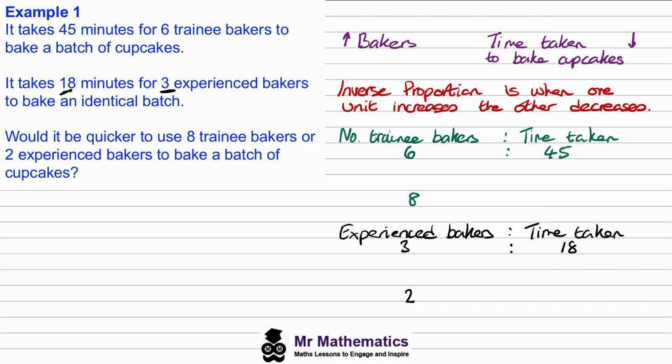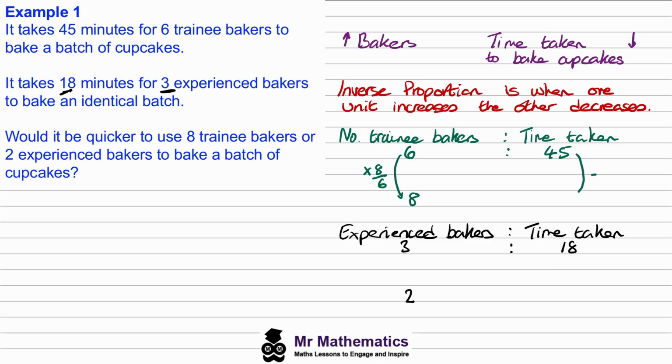So the question is then, how do we go from 6 trainee bakers to 8? We can multiply the 6 by 8 over 6, and this will give us the 8. So for the time taken, because this is inverse proportion, we need to do the inverse of multiplying by 8 over 6. So we could divide by 8/6, or we could multiply by its reciprocal.